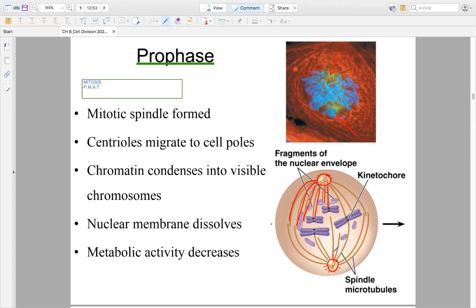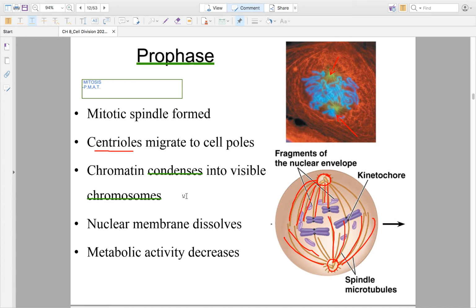And both sides are going to make it because we have 2 poles. Look at the cell like an equator. So when we say pole, we mean north and south. So we have the mitotic spindle formed. The centrioles are going to migrate to the poles of the cell. All of our chromatin is going to condense into visible chromosomes.